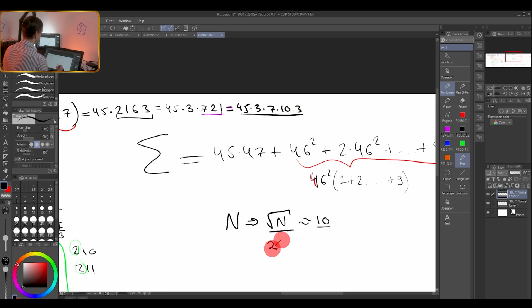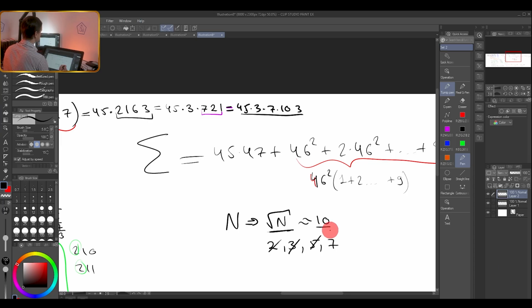So we have 2, doesn't work. 3 doesn't divide 103 because the sum of its digits is 4, not divisible by 3. 4 we don't need to check because it's composite, not a prime. 5 is a prime number, obviously not divisible by 5. 6, 7. 7 is an interesting one. It is obviously not divisible by 7.